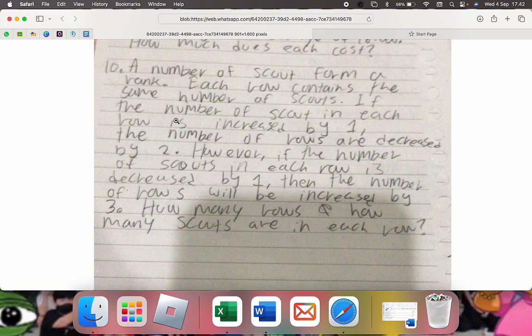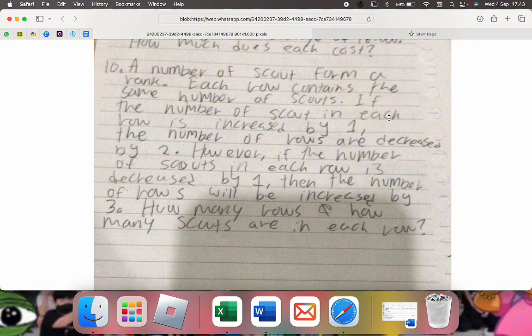Now, we have to know that right now, as we are speaking, each row, which if you have forgotten is the horizontal line, contains the same number of scouts. Column is the vertical one. Now, if the number of scouts in each row is increased by 1, then the number of rows would obviously be decreased by 2.